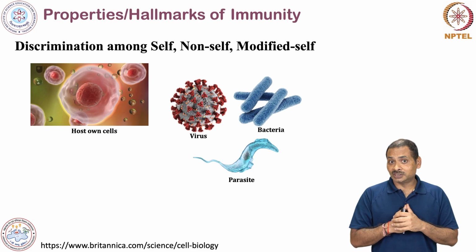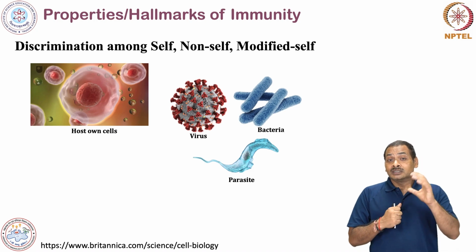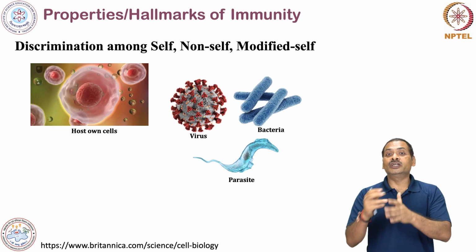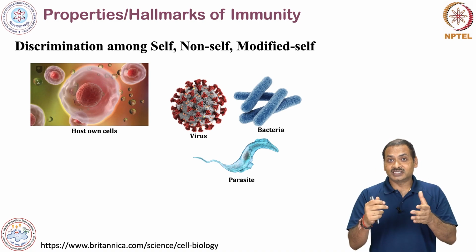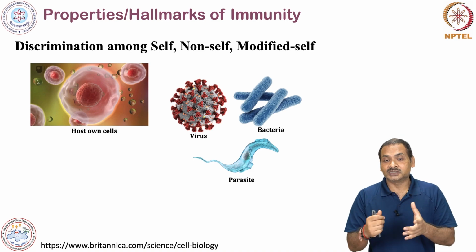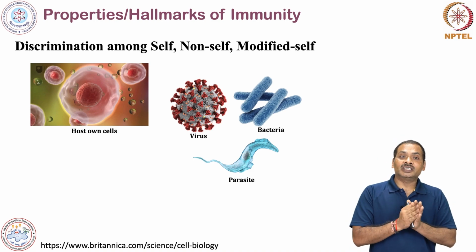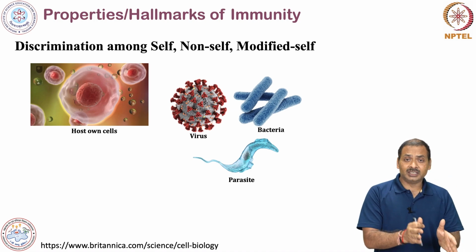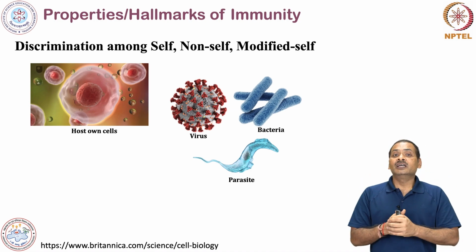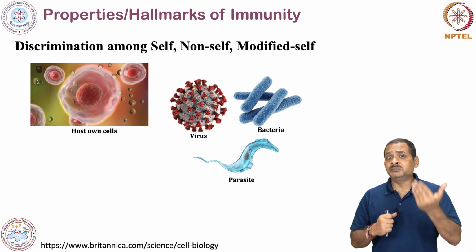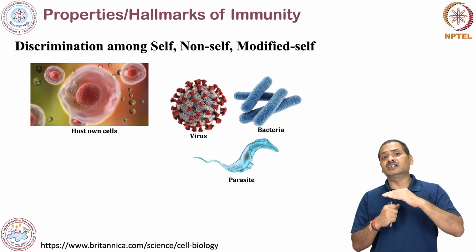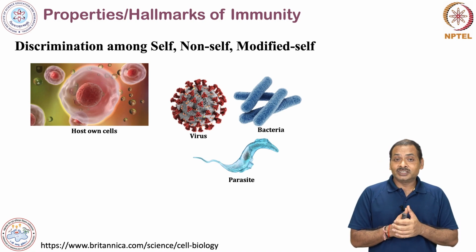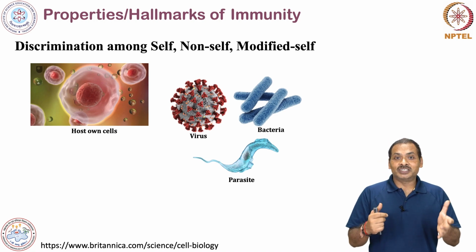Our immune system can discriminate between normal cells and these modified cells, which are like cancer cells or tumor cells. It can trigger the immune response and eliminate those modified cells. So this is a very unique property, isn't it?